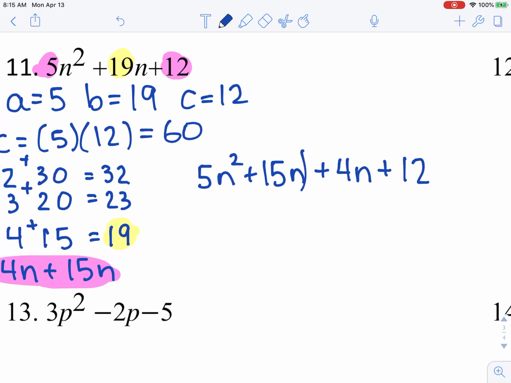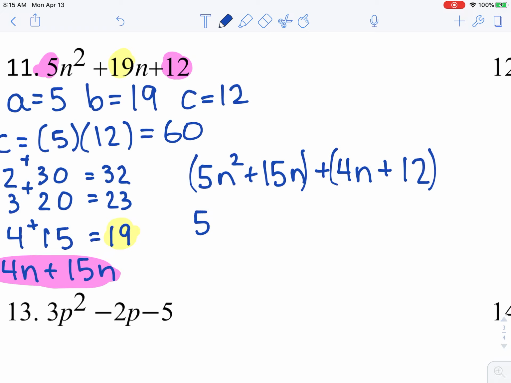Now I can group these together. Factor out a 5n in the first, and factor out a 4. Oops, it's too early.